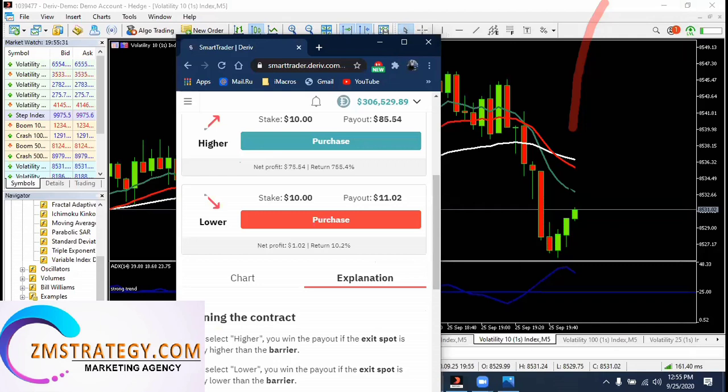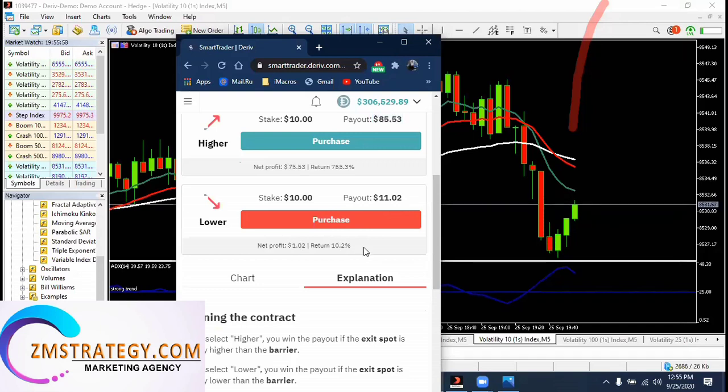The pullback is that it will get to where the moving average is. Immediately it tests the moving average, and I notice a reverse, then I want to take a sell trade, which is a lower trade here. We can see that the percentage is affecting here. So if at the end I win this trade, I will be making 10.2%, which is $1.02.